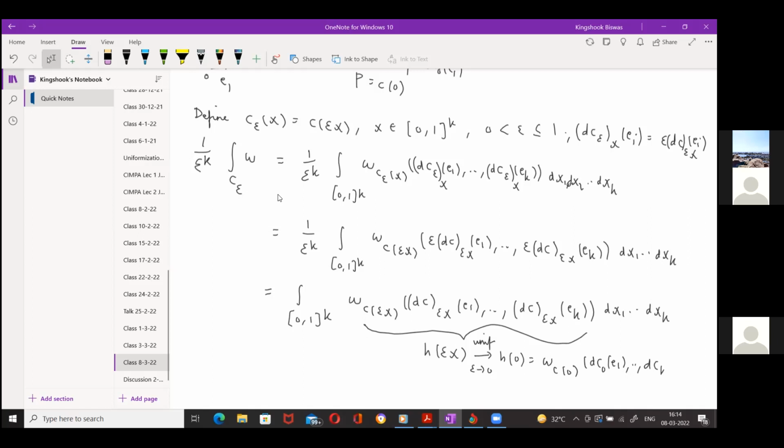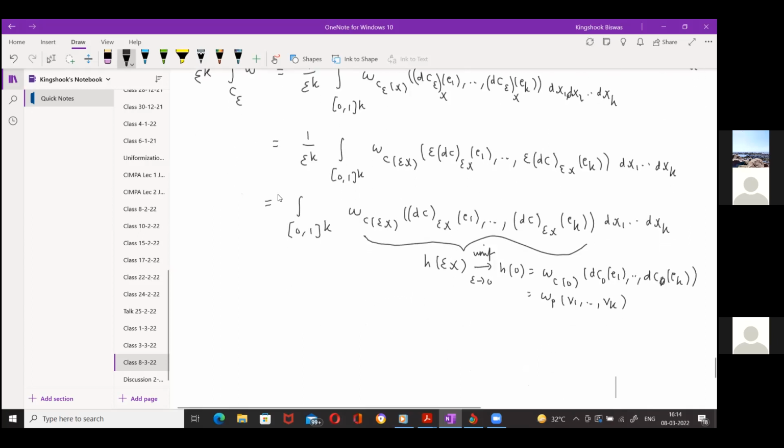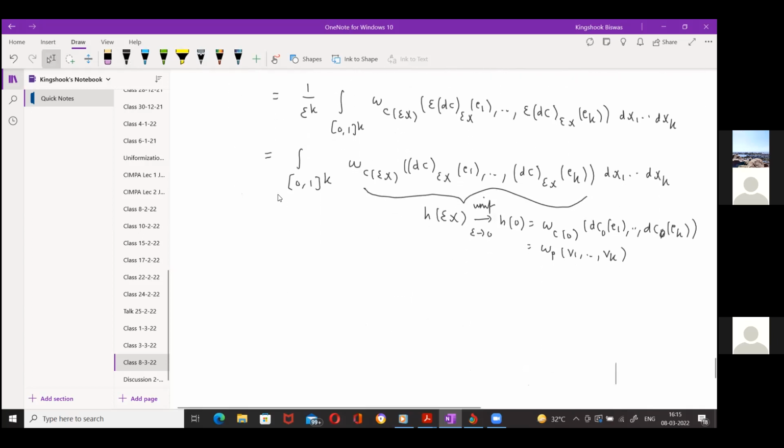So this is nothing but omega_p of v1 to vk, right? So my integrand is converging to a constant. So the whole thing converges to just this constant, omega_p of v1 to vk, as epsilon tends to 0.